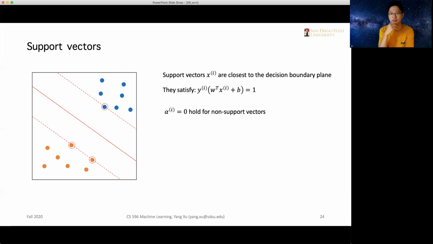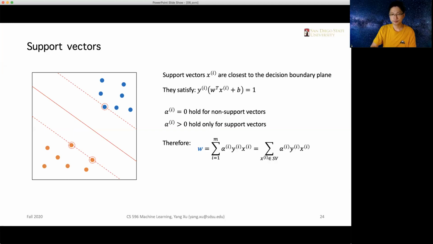For alpha equals 0, that's the majority of the data points, because they are likely to be non-support vectors. Only a small part of the data is close to the boundaries. So for alpha equals 0, they are non-support vectors, and for alpha greater than 0, they are support vectors.